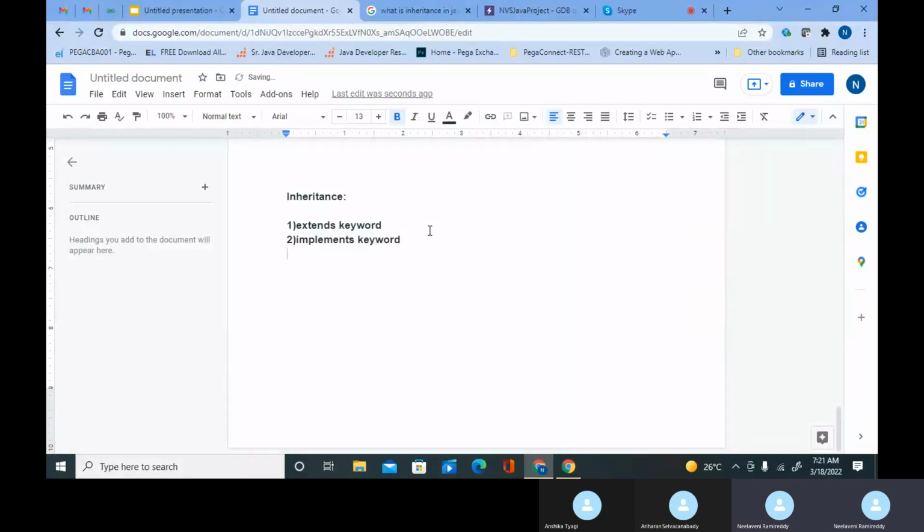Okay, using the extends keyword and using the implements keyword, we are going to achieve inheritance. So how are we going to do it? We have different types of inheritance.